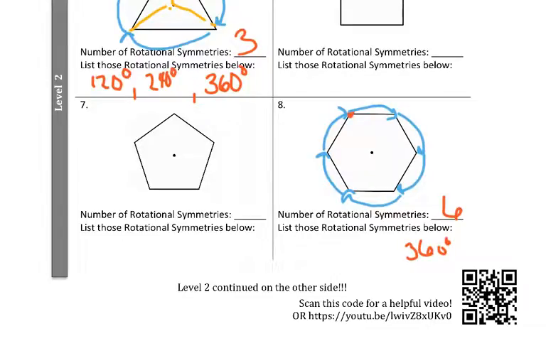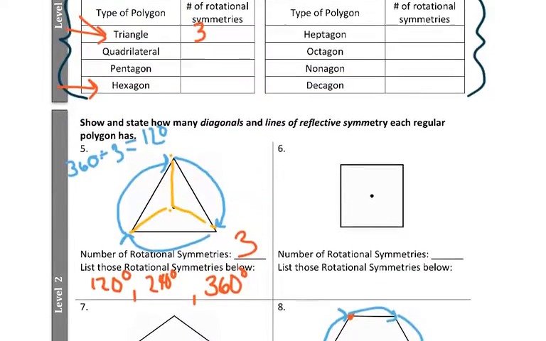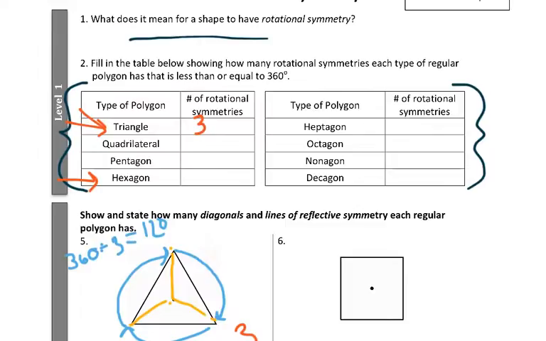In fact, while we're on that subject, couldn't I have rotated it however much this is, 1, 2, 3, 4, 5, 6, 7 times, or 8, or 9, or 10, up to 14 and beyond? There's an infinite number of rotational symmetries, but I think that's why up here it says that we want to know how many rotational symmetries are less than 360.